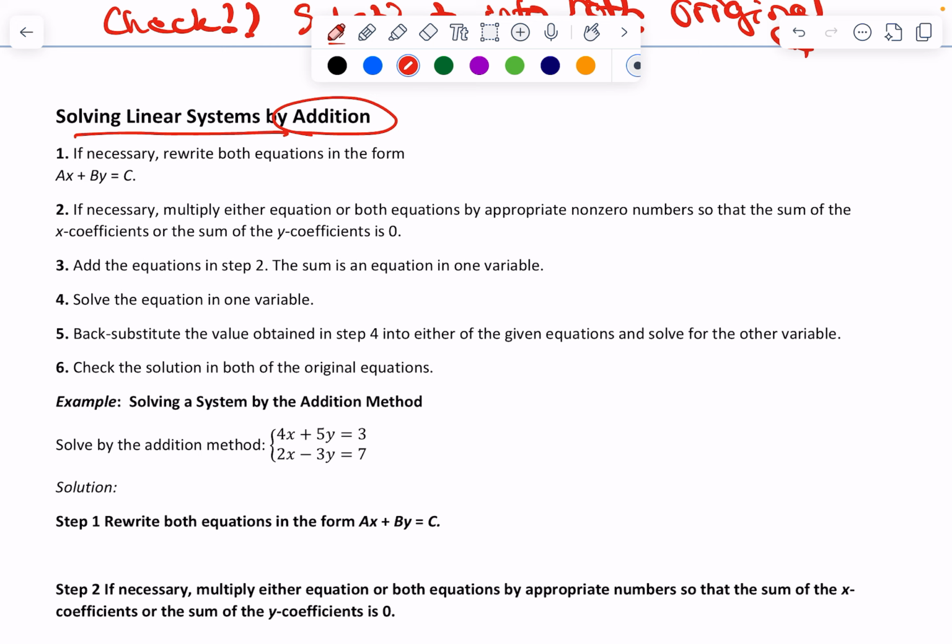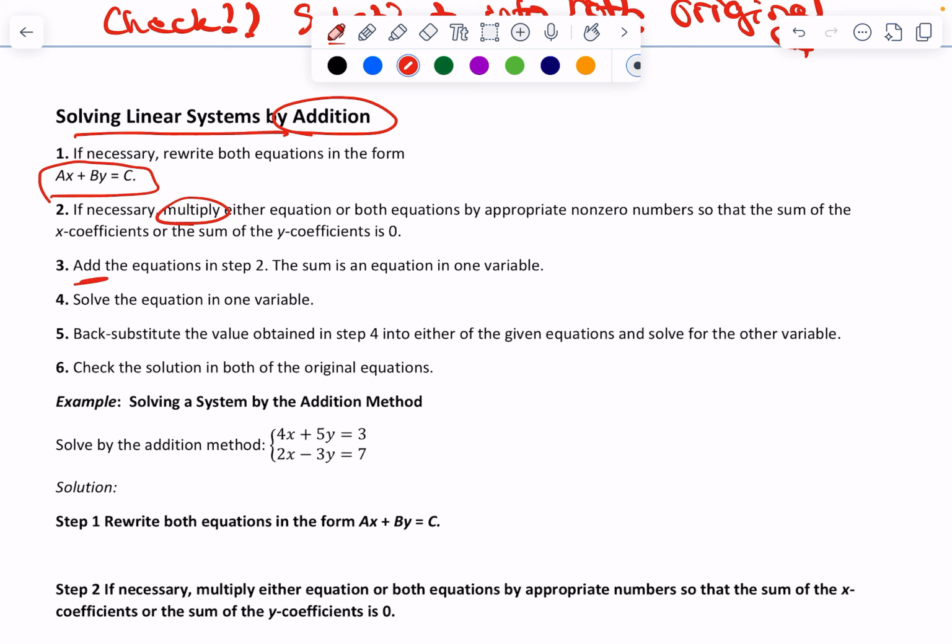So the steps for solving linear systems by addition are, first, rewrite both equations in the form ax plus by equals c. Step two, if necessary, multiply either equation or both equations by appropriate non-zero numbers so that the sum of the x coefficients or the sum of the y coefficients is zero. Step three, add the equations in step two.